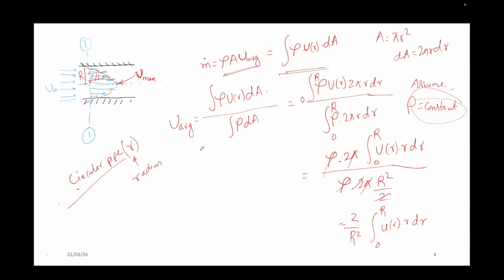So this is known as your average velocity or mean velocity. Sometimes it is also represented as u mean.